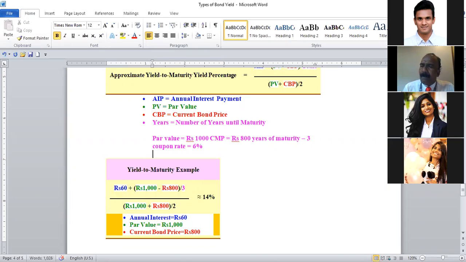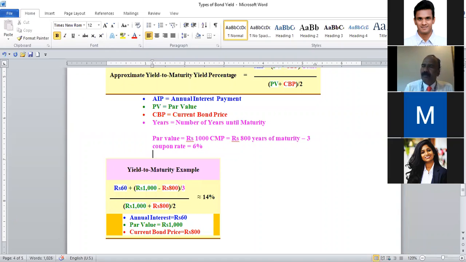How much comes? 200 by 3 is 66.67. So 60 plus 66.67, divided by (1000 plus 800) divided by 2. 1800 divided by 2 is 900.